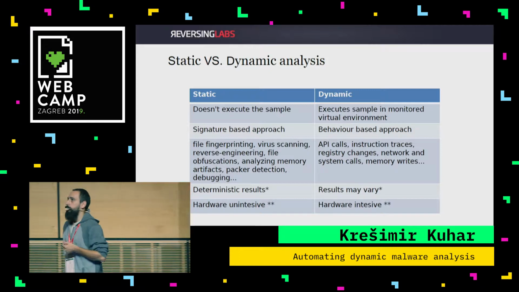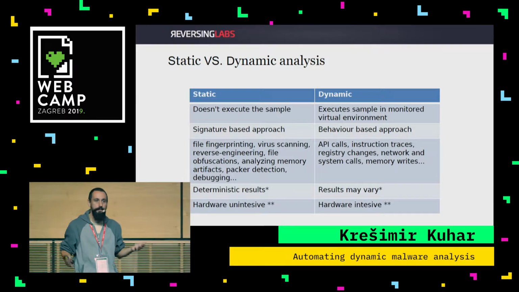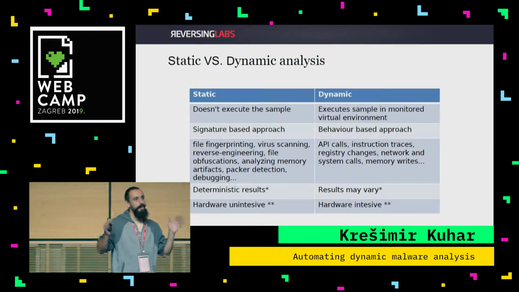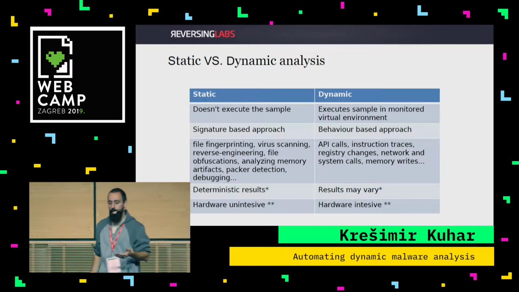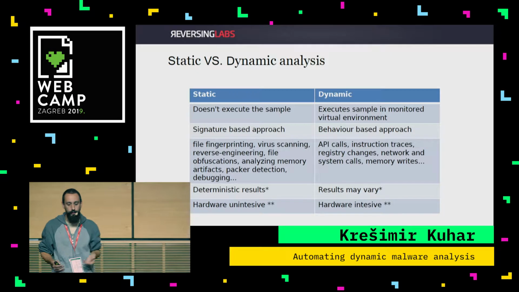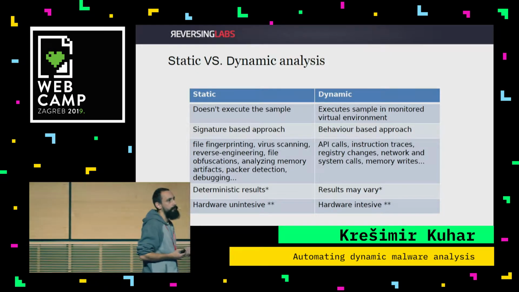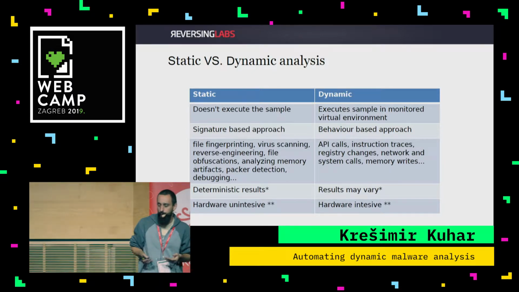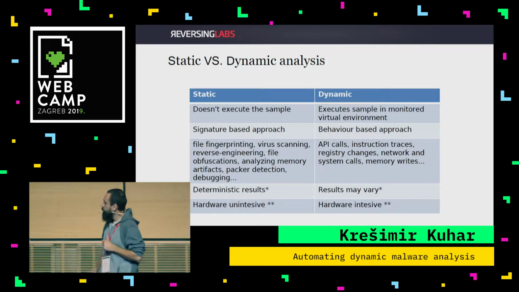In dynamic analysis, you are more focused on the behavior-based approach. What does that mean? That you will observe what the sample does when it is executed. So you will watch API calls, instruction traces, registry changes, and maybe the most important, you will track the network traffic of the malware.